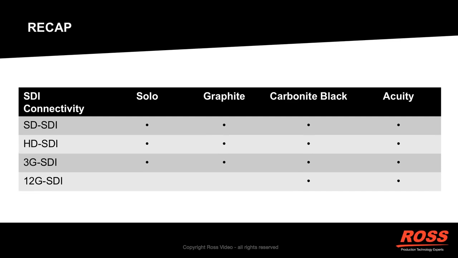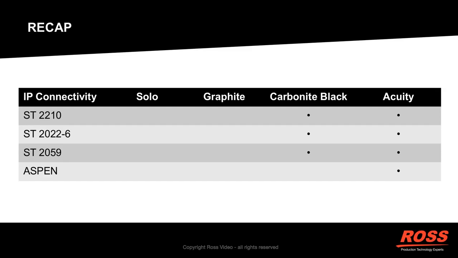As far as connectivity is concerned, Solo and Graphite go to 3G SDI, Carbonite Black and Acuity go up to 12 gig SDI, and as far as IP is concerned, we can actually put IP on any of the models, but realistically, adding IP to the larger versions makes more practical sense when it comes to cost. So Acuity is the only one that has the specific ASPEN input and output card option.